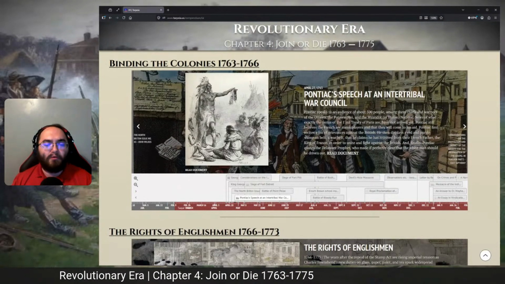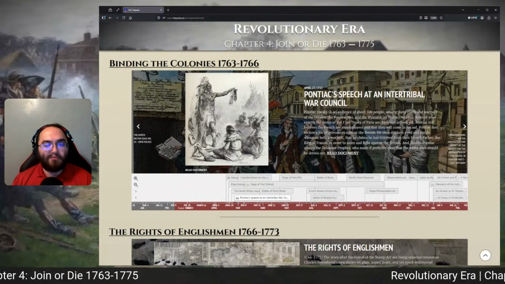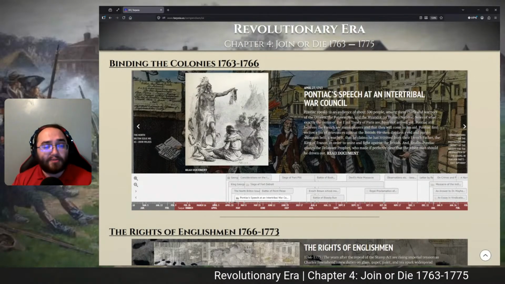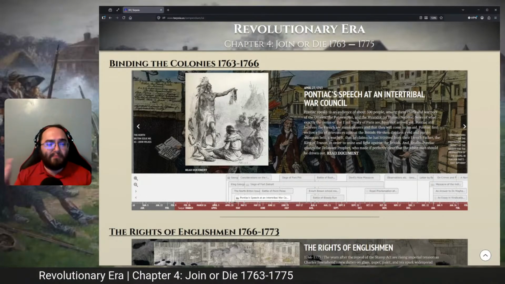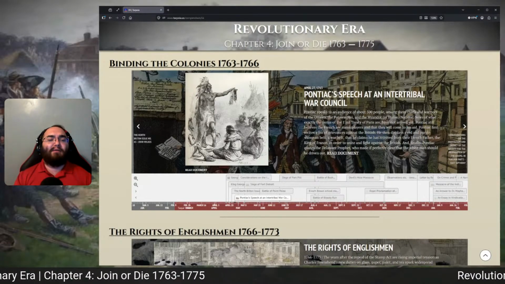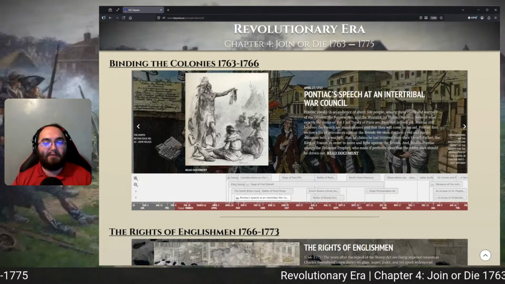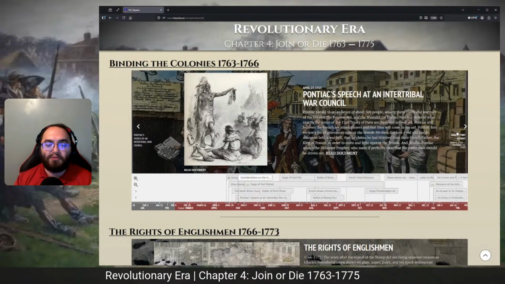Some of them will surrender and make treaties with the British early in the conflict. Some will continue fighting long after Pontiac surrenders. And so Pontiac, even though we name it after Pontiac, he's not the only leader, and not all Native Americans are rallied behind him. He's just a coalition leader of a small Native American coalition.